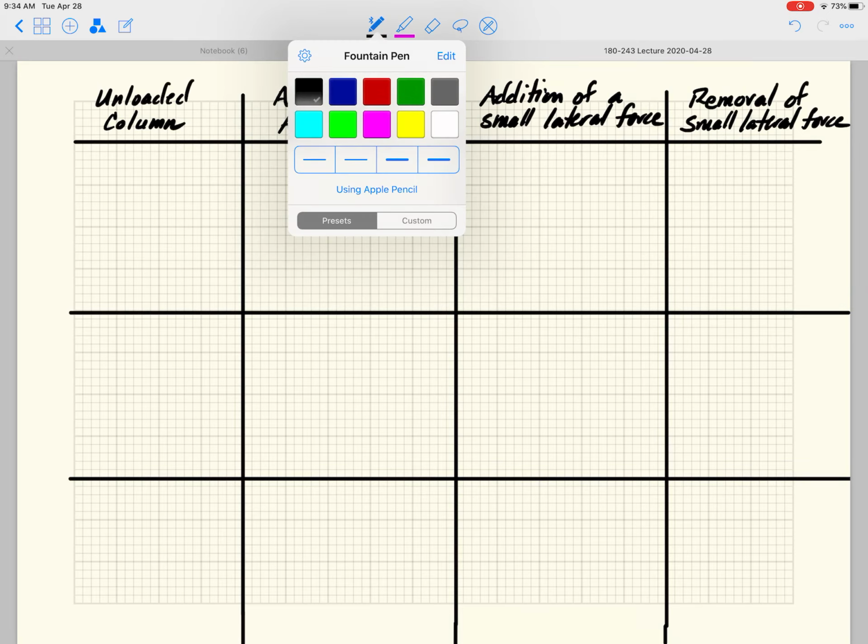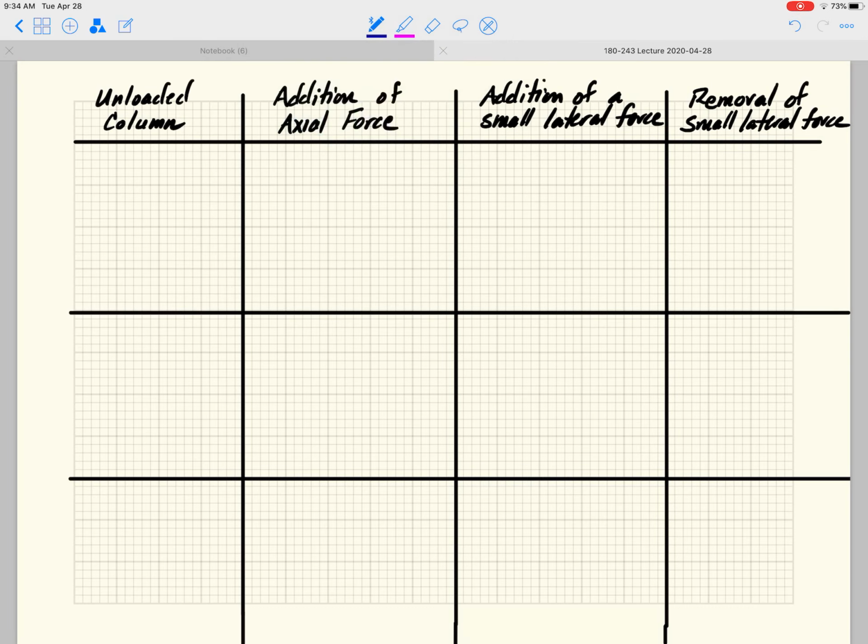Okay. So the first thing we want to talk about is what happens when, we're just going to deal with idealized columns here. So I'm going to start with, I guess, blue, right? So the idealized blue column looks like this guy. Then I'm going to add a load to that column, right?